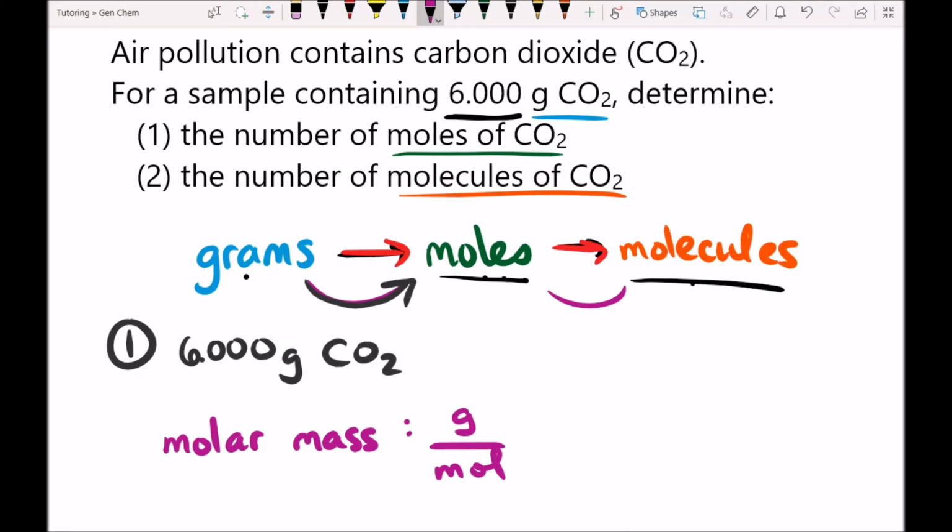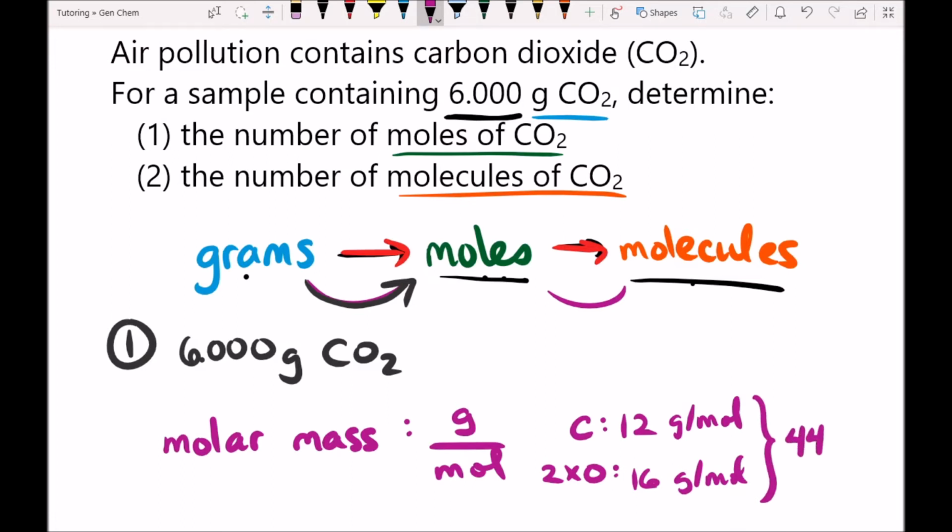So let's see, we have one carbon atom, which is 12 grams per mole, and we have 2 oxygen atoms at 16 grams per mole each. So we have 12 plus 16 plus 16, and that gives us a molar mass of 44 grams per mole for CO2. So this is now our conversion factor, the molar mass.